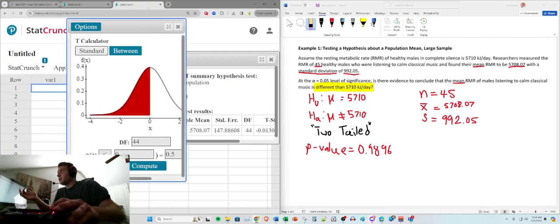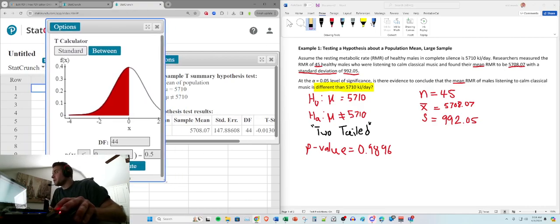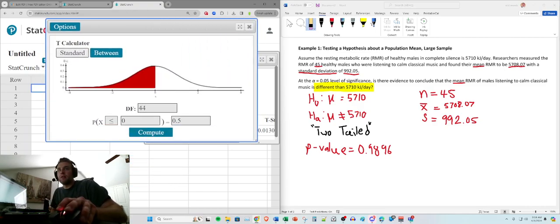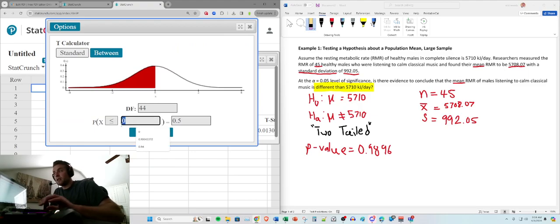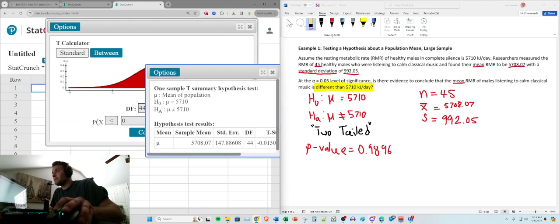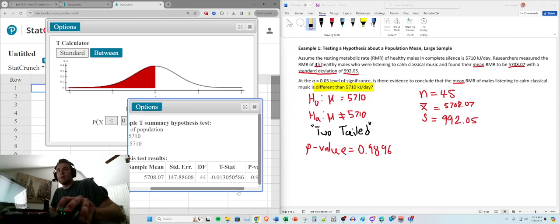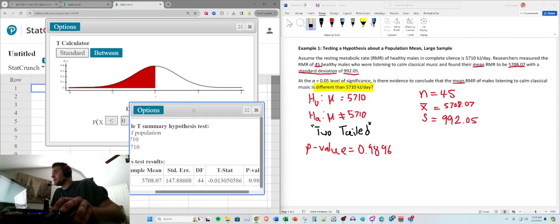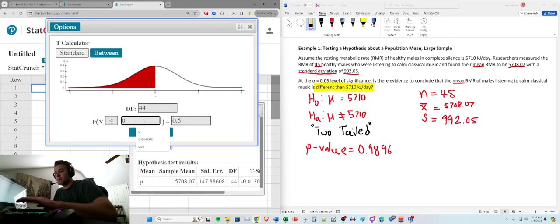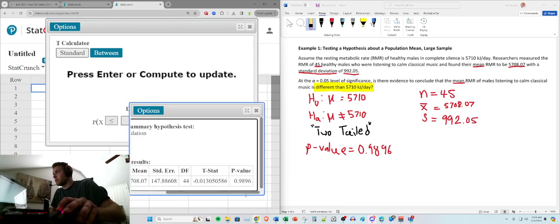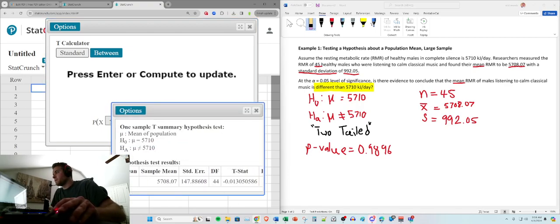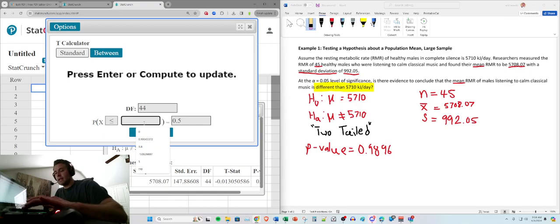I can show all this. This is like me putting that t statistic in there, which is negative 0.01305.